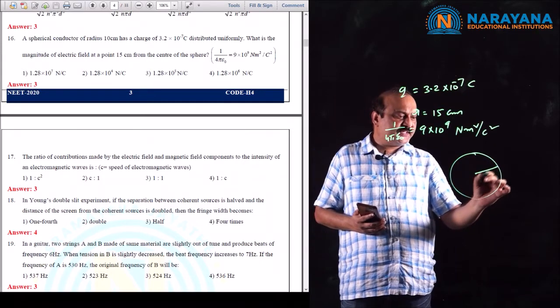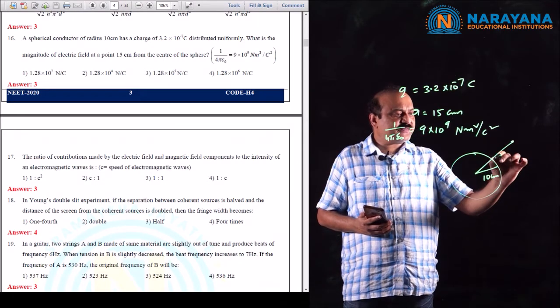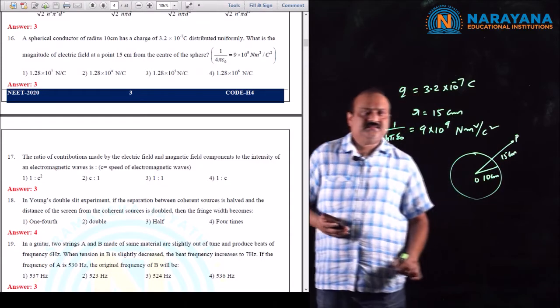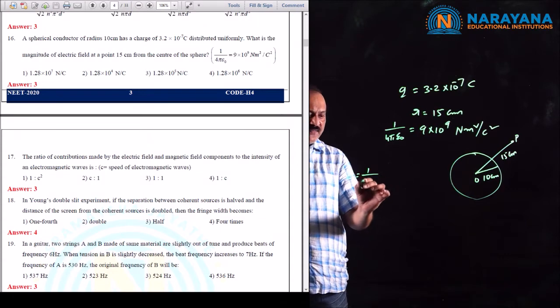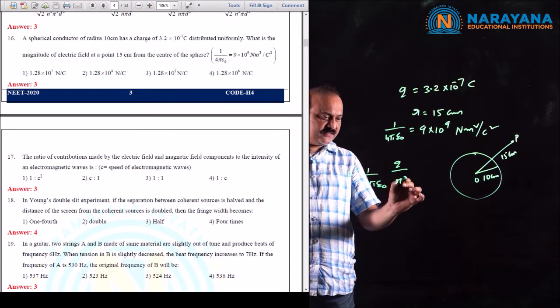The radius of the sphere is 10 centimeters and the distance of the point is 15 centimeters from the center. So the intensity of the electric field is E = (1/4πε₀) Q/R². Therefore E = 9 × 10^9 × 3.2 × 10^-7 / (15)², which is 225 × 10^-4.